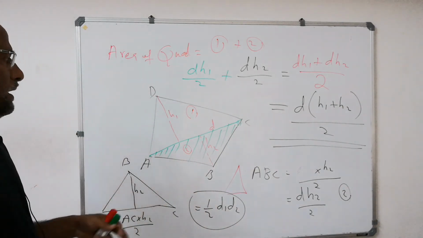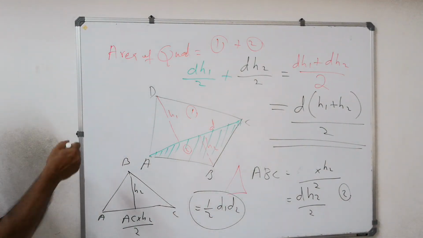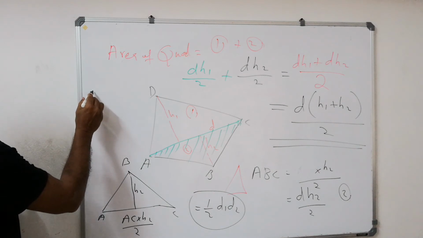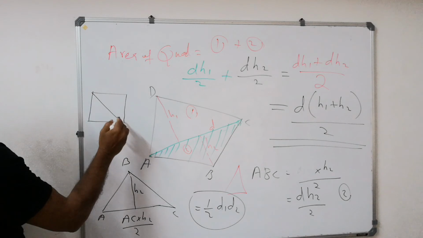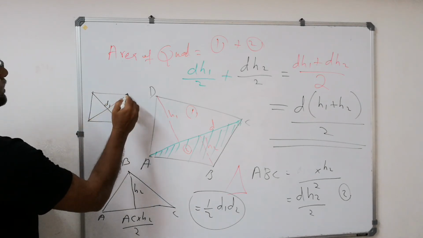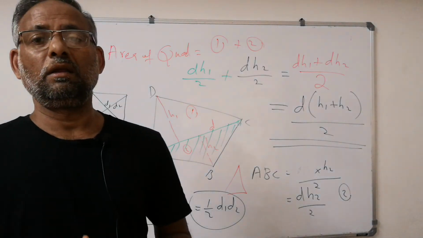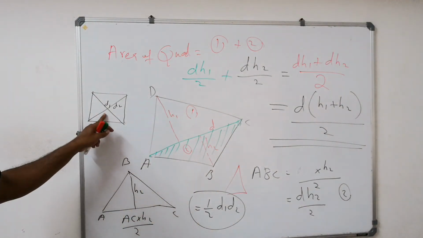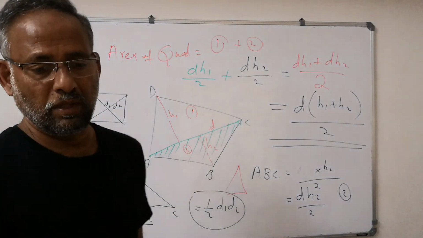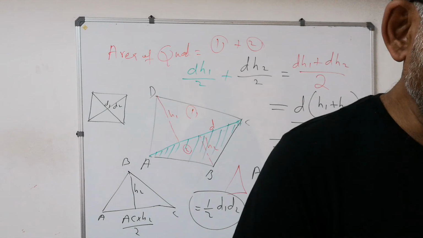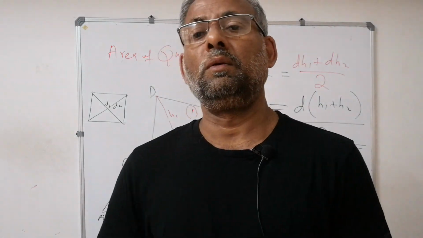What is D1? You know the diagonal here, but here two diagonals are there. We know a rhombus, like this, has all sides equal. Here D1, here D2. Both diagonals are not equal, but in a square diagonals are equal. This formula is very easy: D1 into D2 by 2. Remember that it is not D1 plus D2. No. Half into D1 into D2.